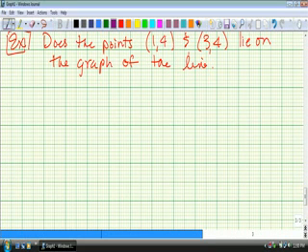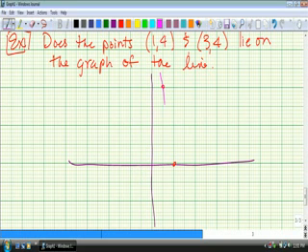If you want to draw a kind of a sketch, but it's going to be hard for you to know how I drew my line. Alright, so here is my line. I want to know, does those points lie on the graph?